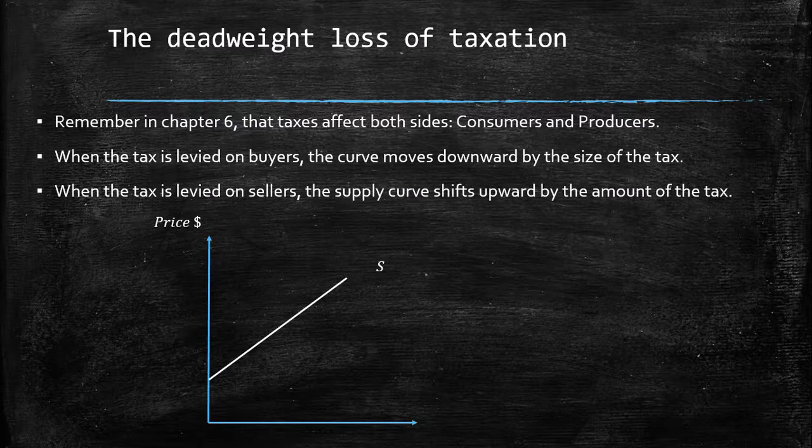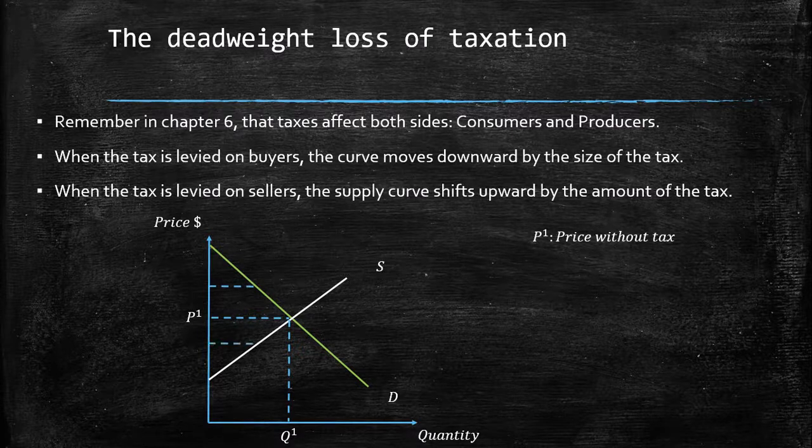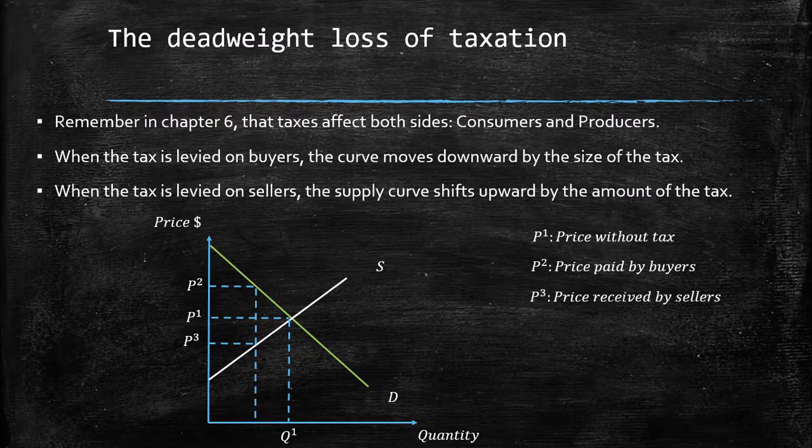Here we have the supply and demand curves. We don't mind too much about elasticity, we just talk about the normal curves. Here we have the equilibrium, the point where demand is exactly the same as supply, so we have P1 and Q1. Afterwards, we experience an increase in the price, which is given by the tax.